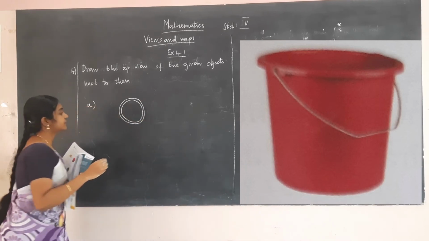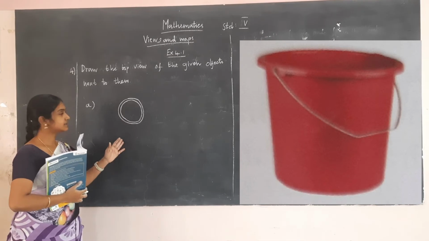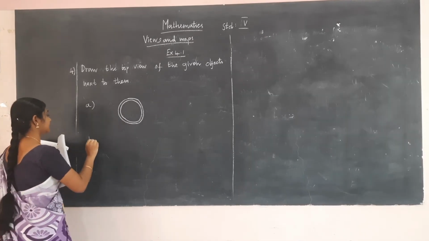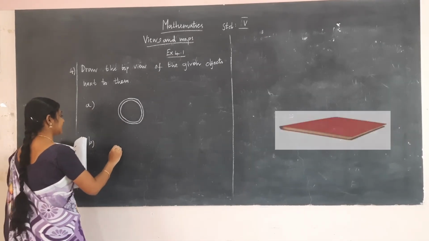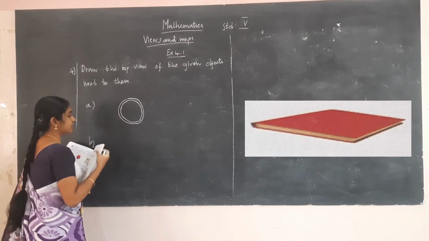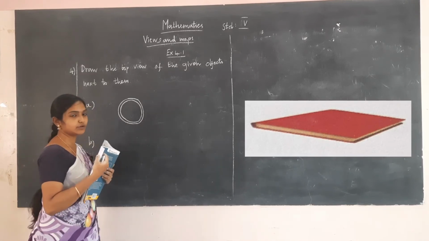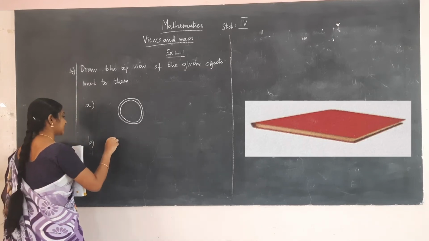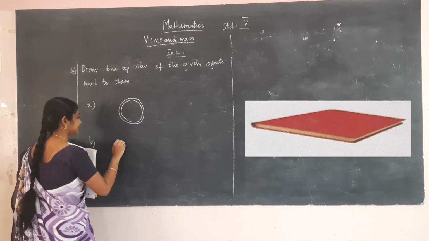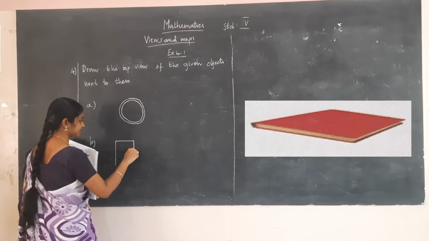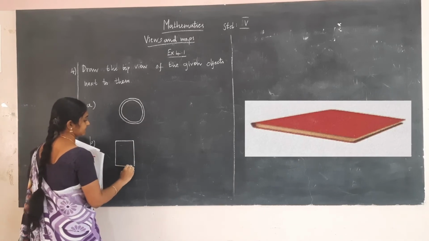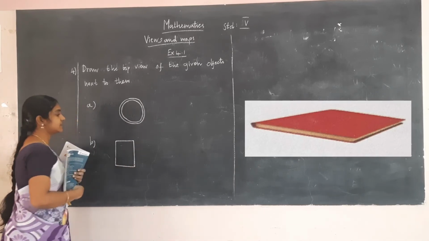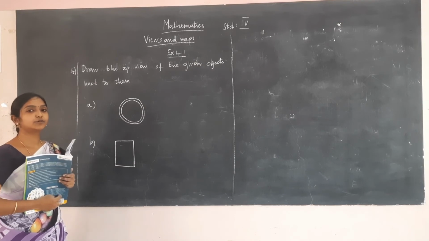The top view of the bucket will be a circle. Next, we are going to draw the top view of the notebook. The top view of the notebook will be just a rectangle. This will be the top view of the notebook.